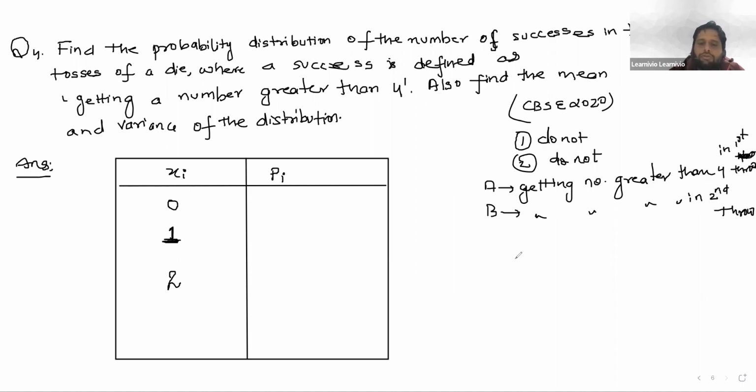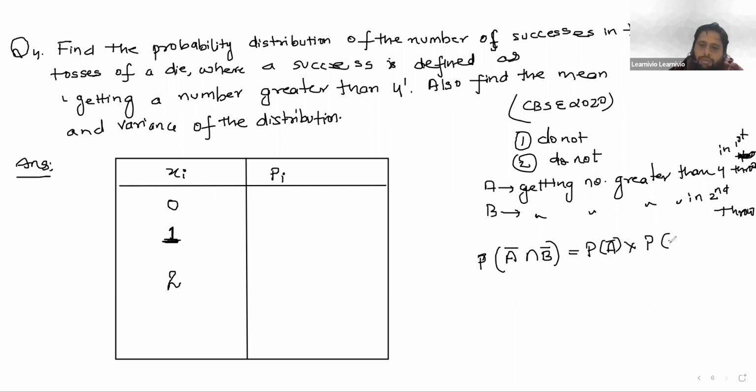For the first case, X is 0. That means in the first throw, you do not get the number greater than 4, and in the second throw also, you do not get the number greater than 4.